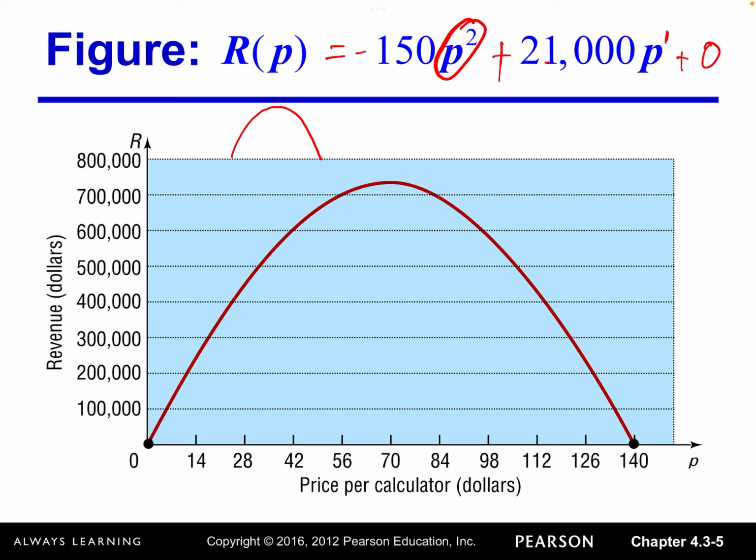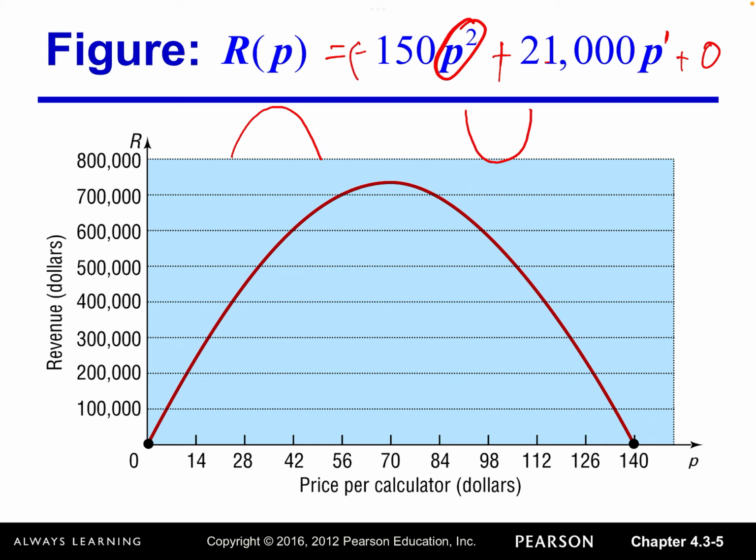It's either open down or open up. Later we're going to learn that the leading coefficient a controls whether the parabola opens up or down. If a is a negative number like this, a equals negative 150, the parabola opens down. If a is a positive number, the parabola will open up.